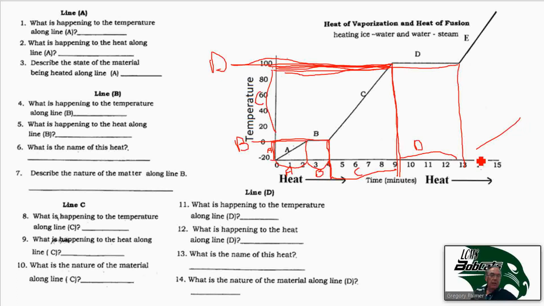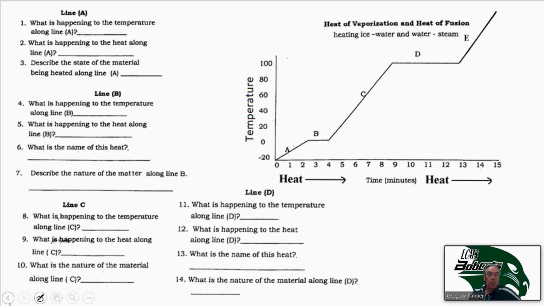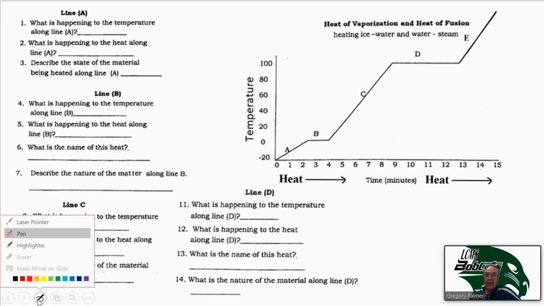So this part, going out to infinity, is line E on the x-axis. And on the y-axis, line E goes on up. So when we're answering graphing questions, it's very important that you look at what's being plotted on the various axes.